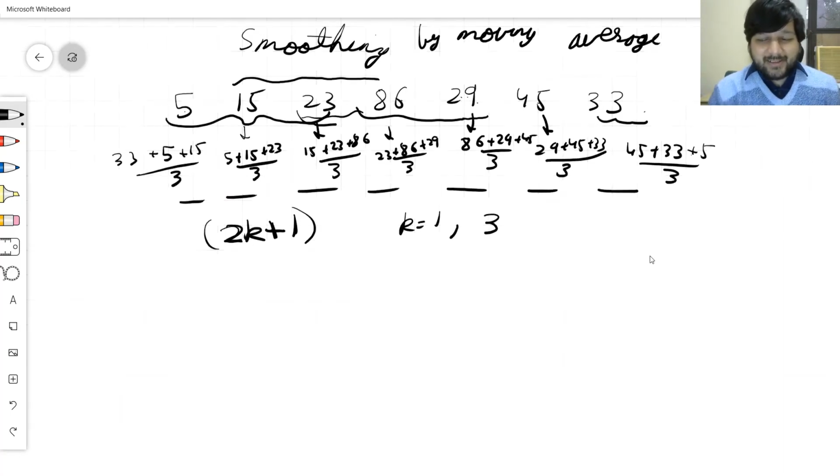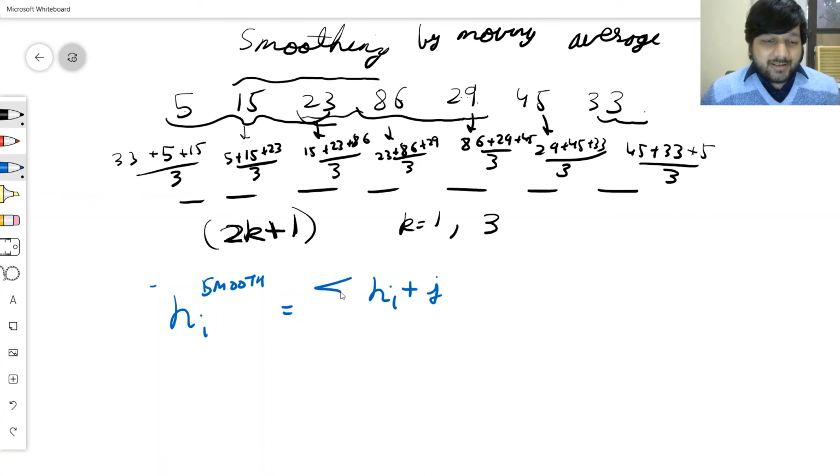Or in general, I say hi dash, where dash means smoothened, is equal to the summation of hi plus j, with j going from minus w to w.